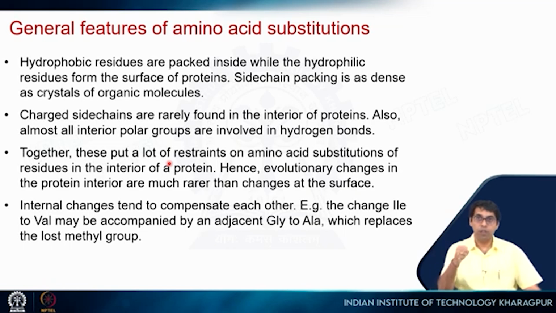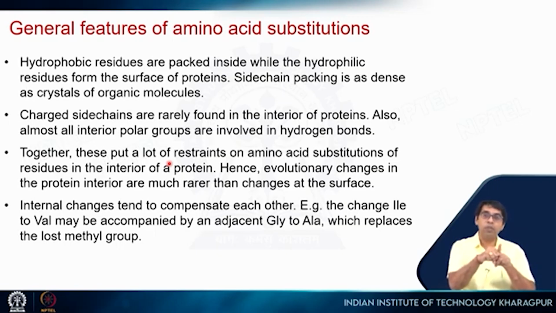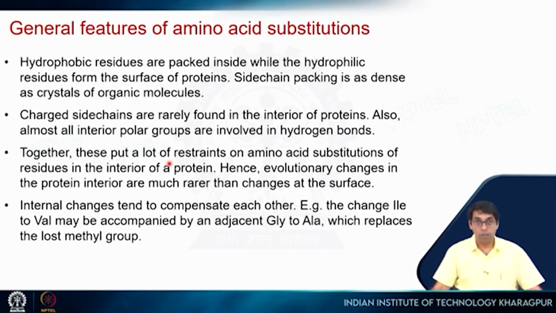For example, if I have a protein like this, and there is an arginine or lysine sticking out from the surface, let's say this is arginine or lysine, I can mutate it to any other amino acid, for example serine or even aspartic acid, if it is not involved in any salt bridge, right, or not involved in the interaction of any other molecule.